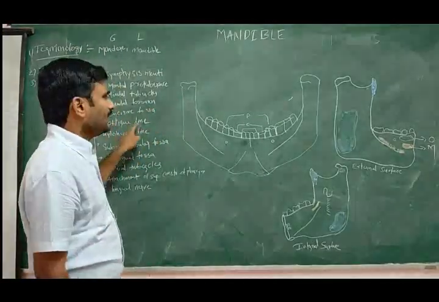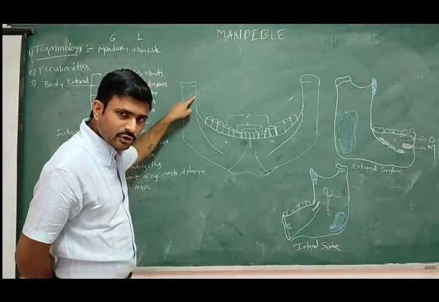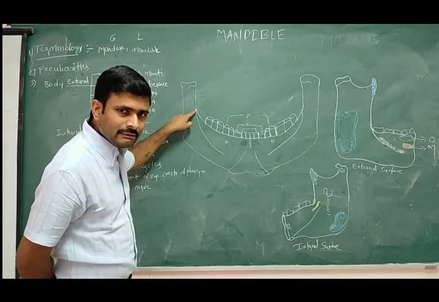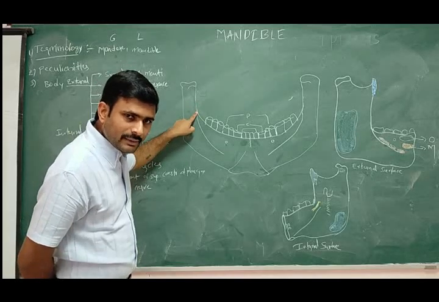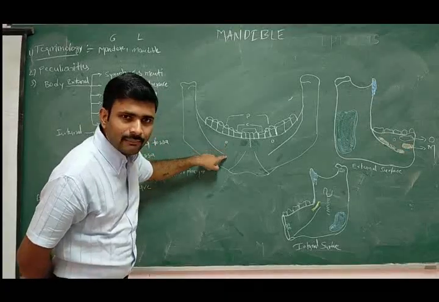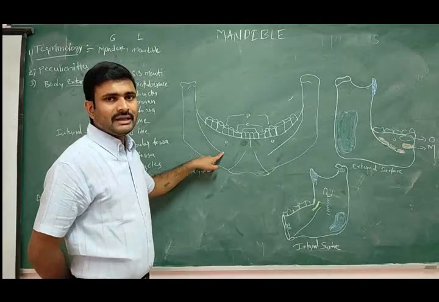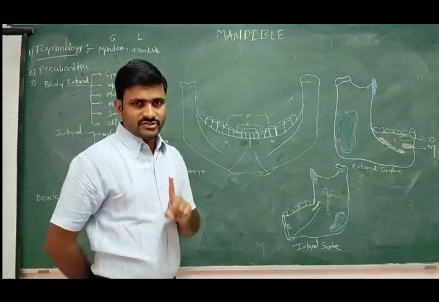Next is the oblique line. The oblique line is a continuation of the anterior border of the ramus of the mandible in the upper part. In the lower part, it reaches just below the mental foramen. In this oblique line, three muscles get attached.